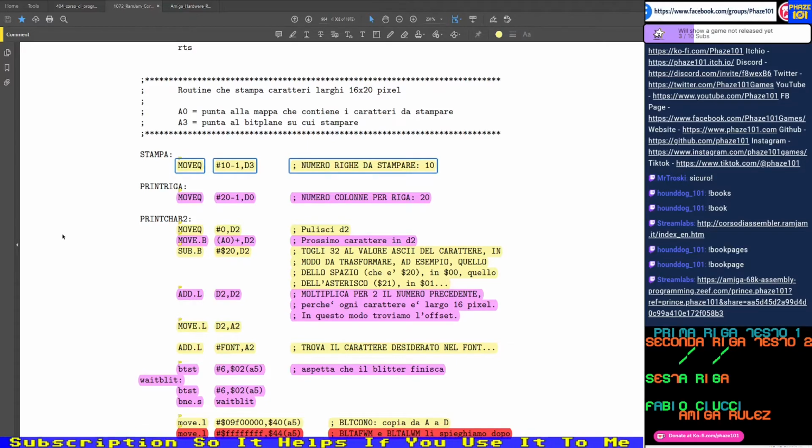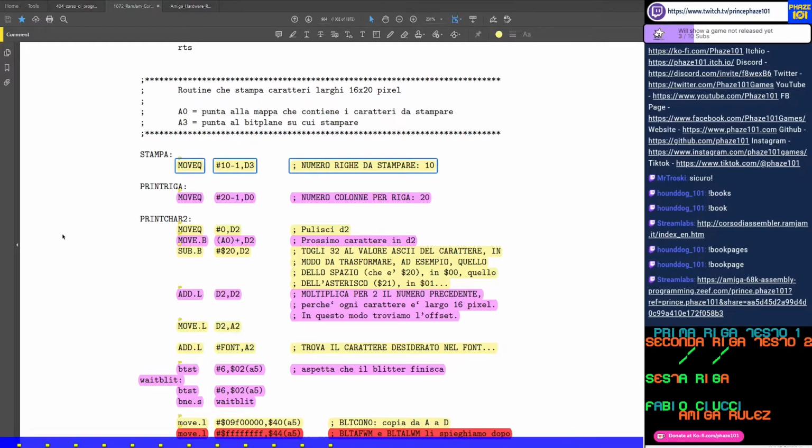Here we are moving the number of lines, the y-axis: how many times this character can be printed on the screen. How many lines can we have of this character that is 20 pixels high?